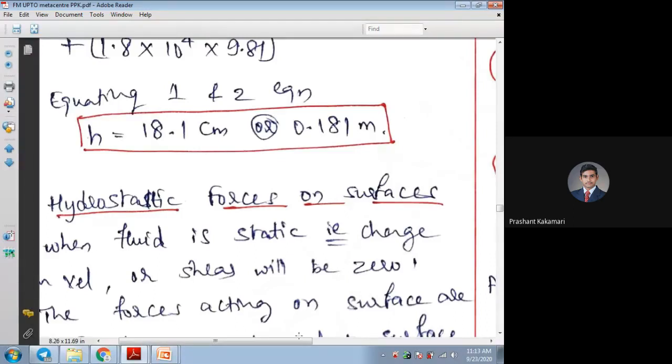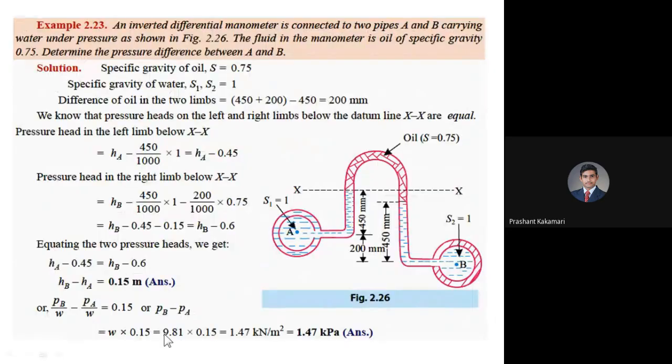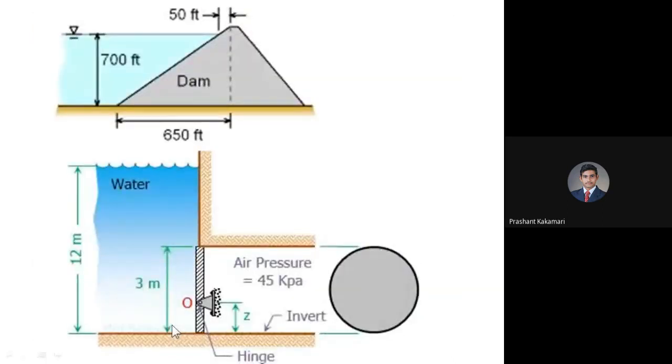So force always acts on a point, and if it is acting per unit area, for a given area, then we call it pressure. Here we need to find out how the pressure or force distribution takes place along the depth of a surface. For example, we have the examples of a dam gate or the wall of a gate. So here I have taken examples.